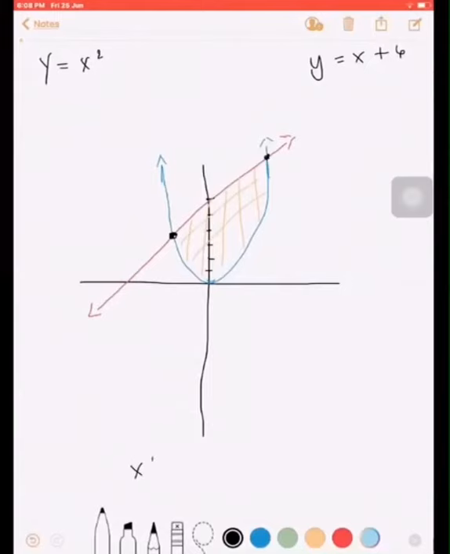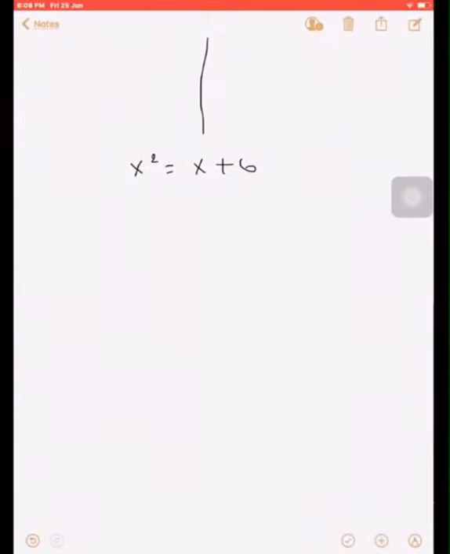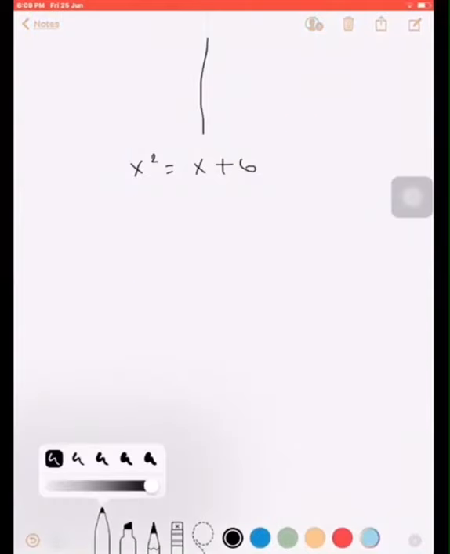x squared equals x plus 6. So transpose x plus 6 to the other side. It's going to be x squared minus x minus 6 equals 0.